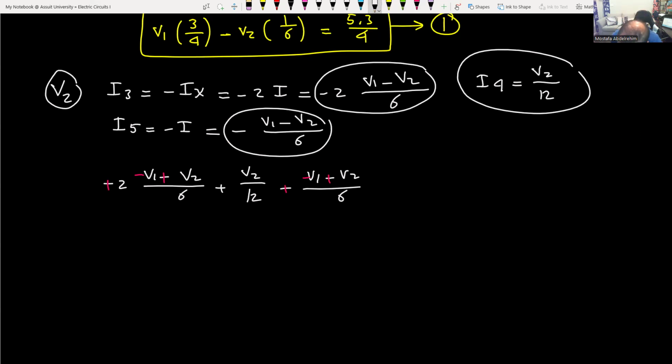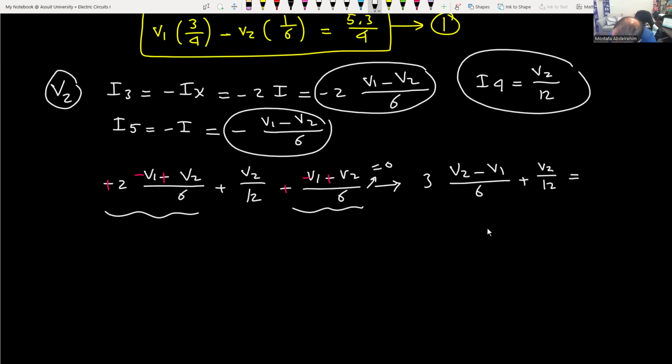So from that, we can deduce, and this term is exactly this term, correct? So it can be 3, so 3 times minus V1 plus V2. So it's going to be 3 times V2 minus V1 over 6 plus V2 over 12, and all of this should equal 0.